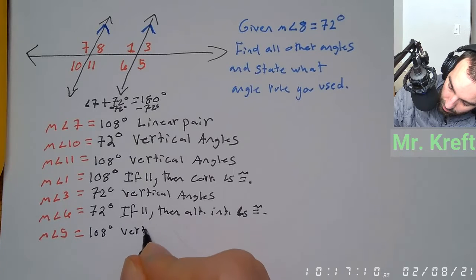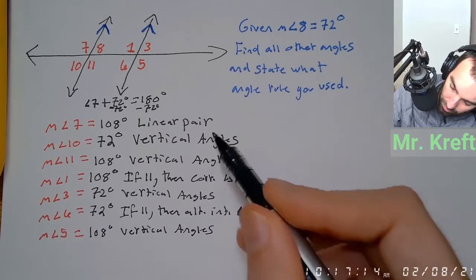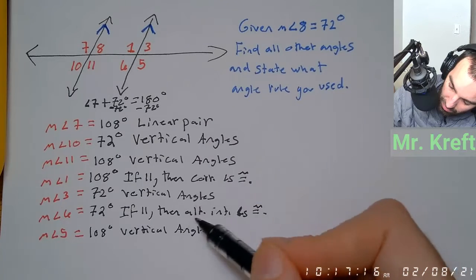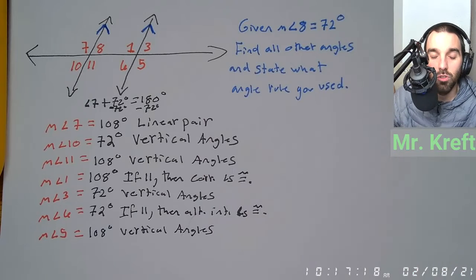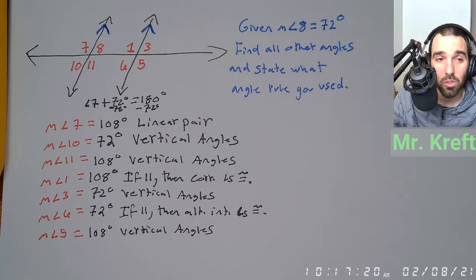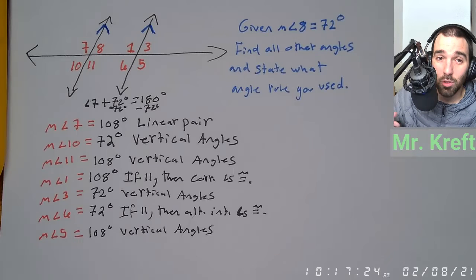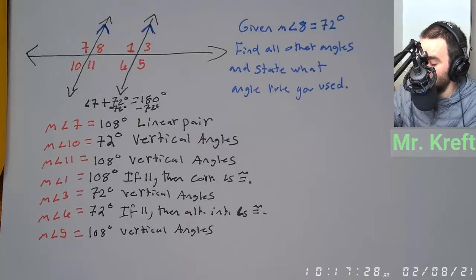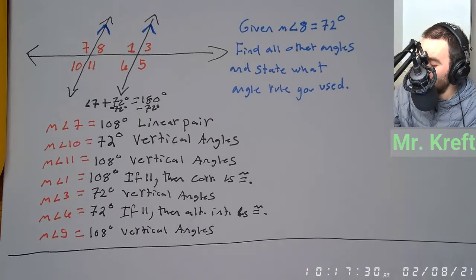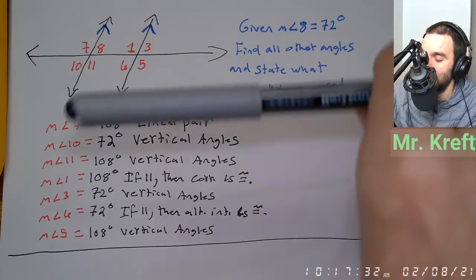And that's vertical angles as well. So here I used linear, vertical, corresponding, alternate, and vertical. Again, you guys could have used alternate exterior. You could have used consecutive interior, right? There's lots of them. And there's no requirement for what you have to use or not use unless the problem tells you. Okay. So that's just a little practice with what we learned last class.